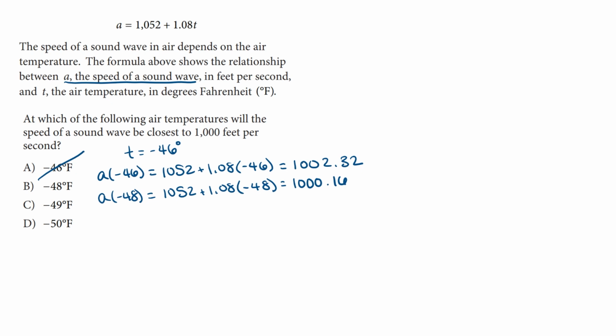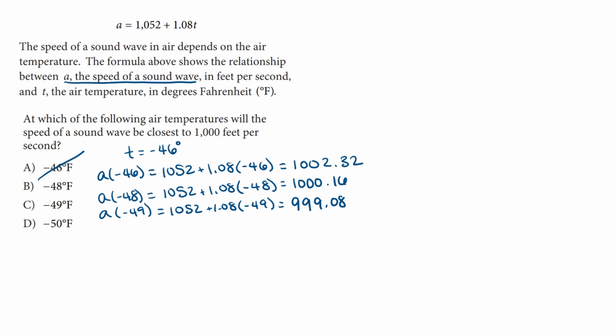Now let's check on C. A at negative 49 degrees is going to be equal to 1052 plus 1.08 times negative 49, and that gives us 999.08. So that's very close as well. We need to see which one is closer.